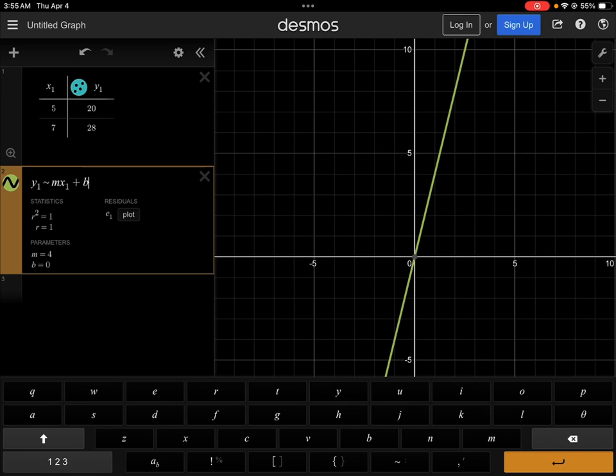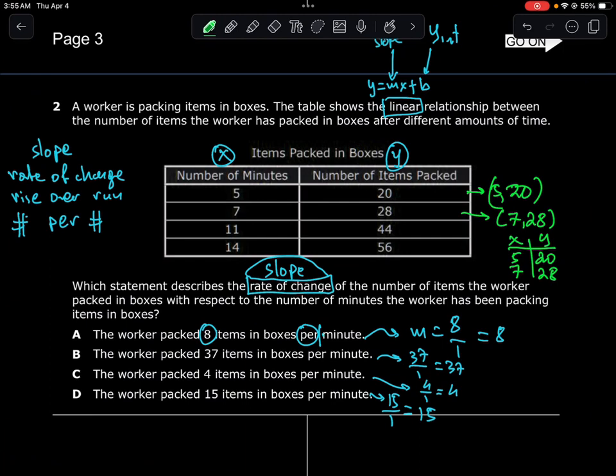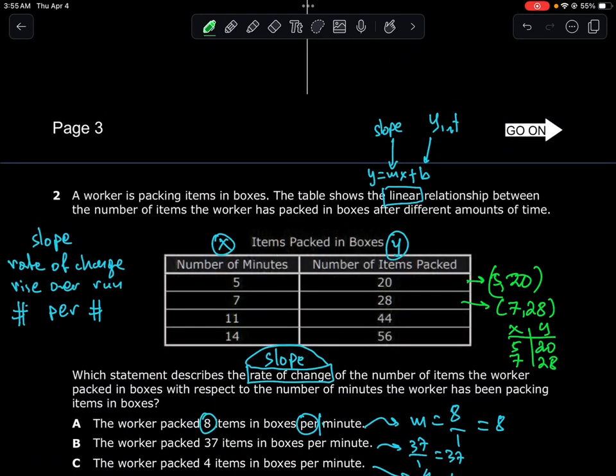Okay? m equals 4, b equals 0. That means that the equation we were looking for, which represents this linear function, is y equals 4x plus 0.